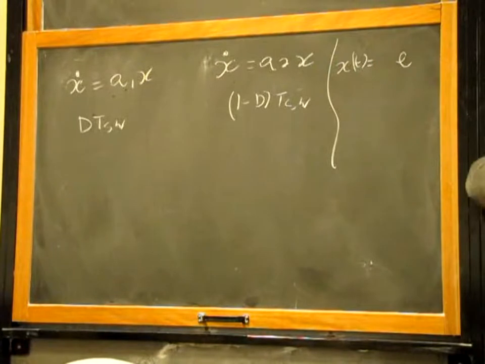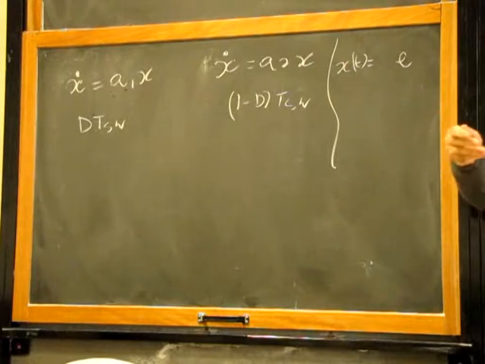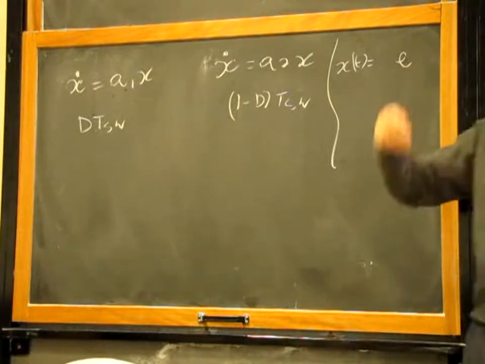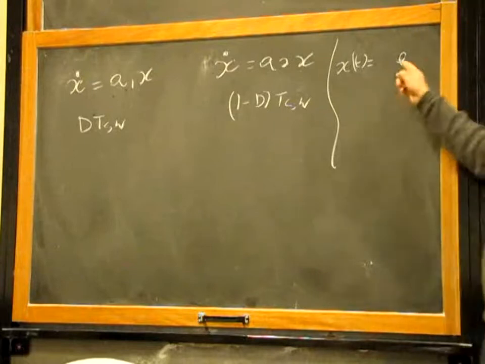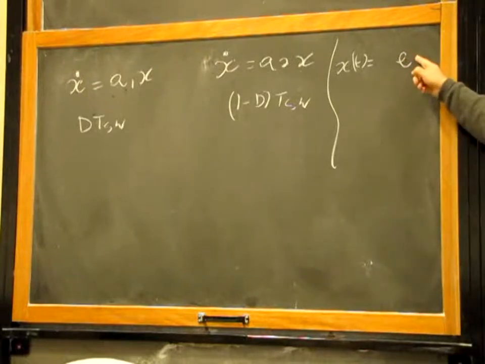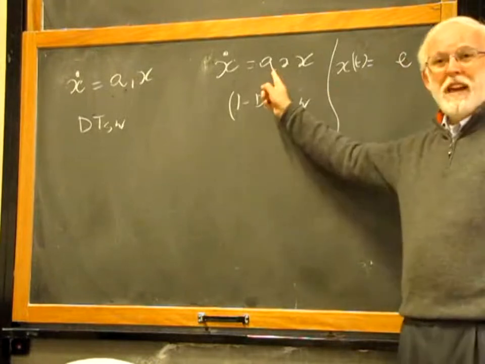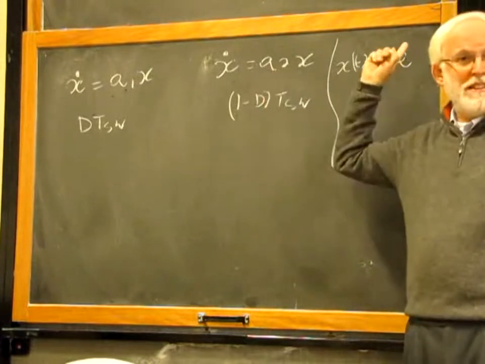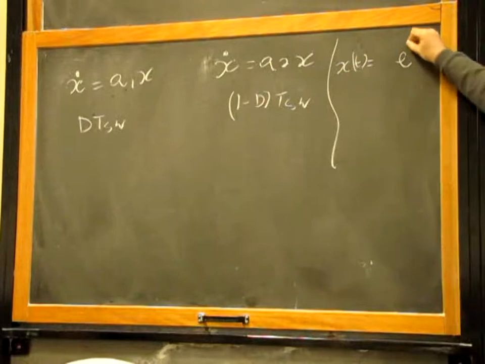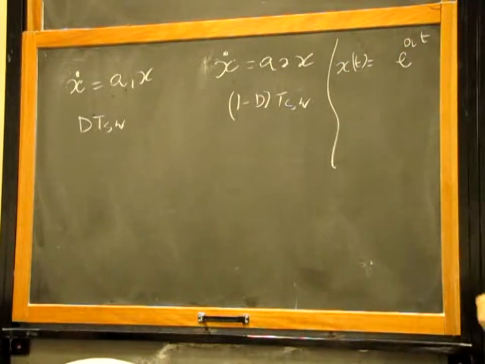There is an error in the English notes. There is no negative sign. I probably put a negative sign during my lecture because every time you see an exponential in electronics it is e to the minus something. Well, mathematically speaking, if a2 is positive, this is e to the a t.